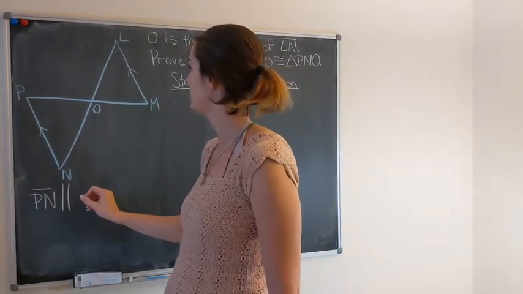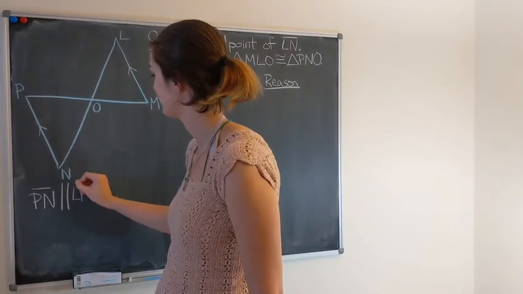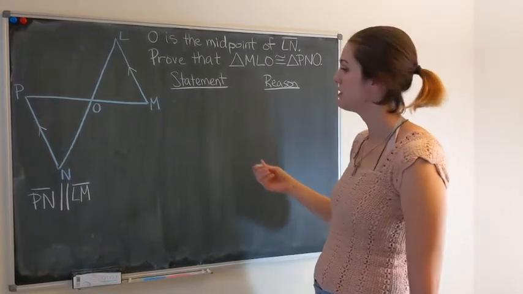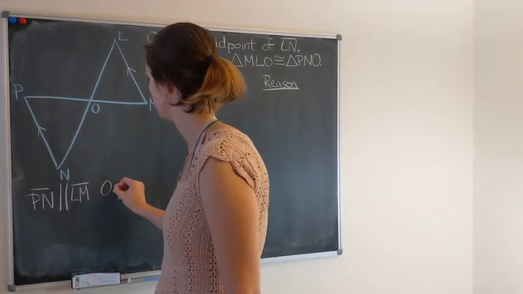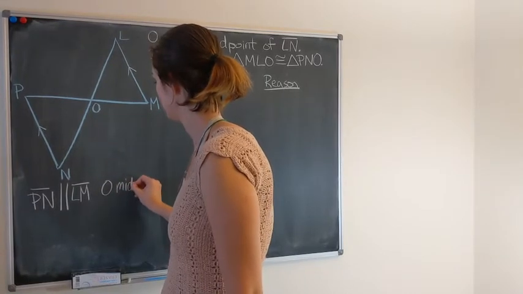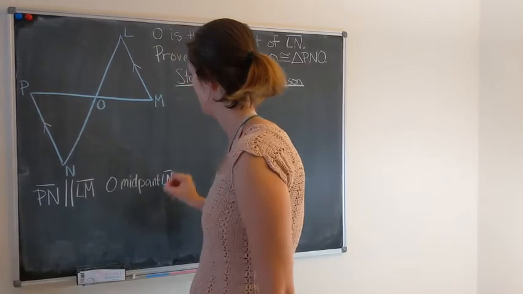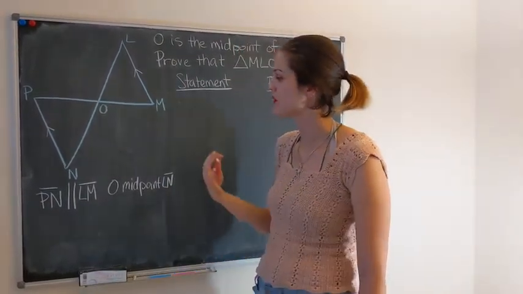So PN is parallel to LM. Okay? We're also given that O is the midpoint of LN. These are our two given facts. So we've written those down.